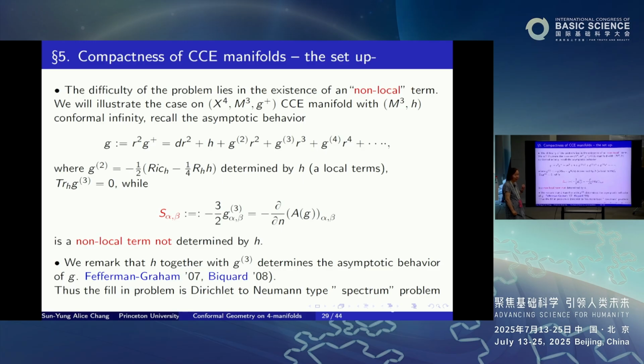We wonder if our Dirichlet data, given that it has a special structure, is conformally compact Einstein, does that already decide the Neumann data? Does the Dirichlet data plus the structure see the Neumann data? That's the question we are addressing.